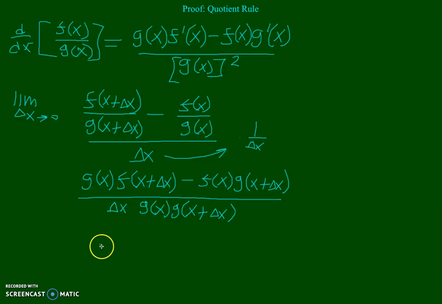Okay. Now, in this statement, we're going to have to manipulate this numerator because we're going to need to group terms in a specific way to create new terms. And we're going to employ a technique similar to the one we employed in the product rule proof, in which we subtract and add the same quantity into the numerator.